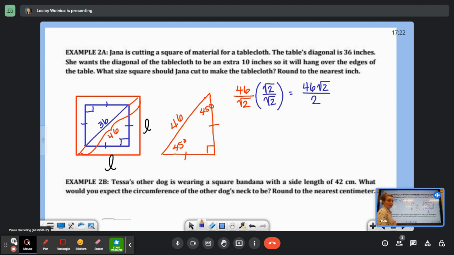46 is even, so I can divide by 2. 46 divided by 2 is 23 root 2. Oh, and it says to round to the nearest inch. So I've got to use my calculator for that.